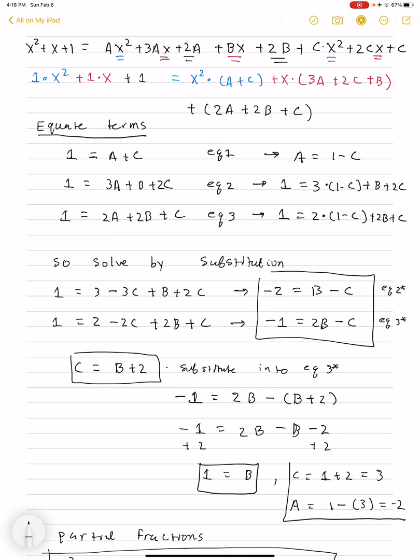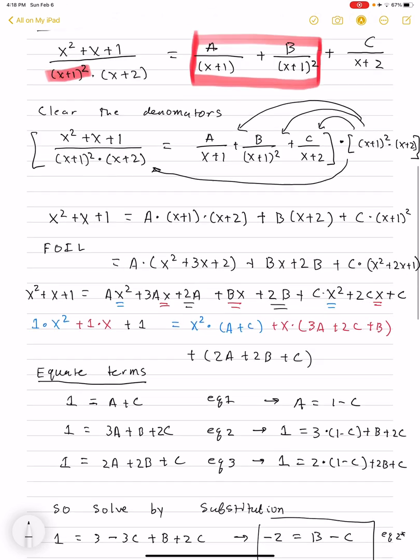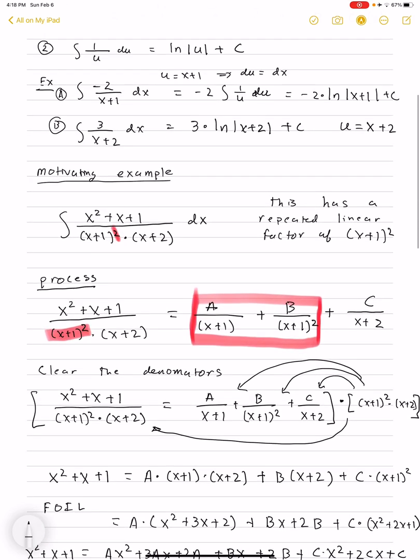So we've now determined all the coefficients for the partial fraction decomposition. If we go back up, we wrote out this partial fraction decomposition of x squared plus x plus 1 divided by the quantity x plus 1 squared times x plus 2 is equal to a over x plus 1 plus b over x plus 1 squared, coming from the repeated part, plus c over x plus 2, the non-repeated part.